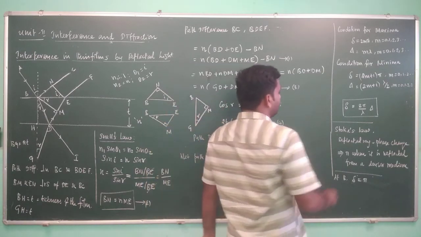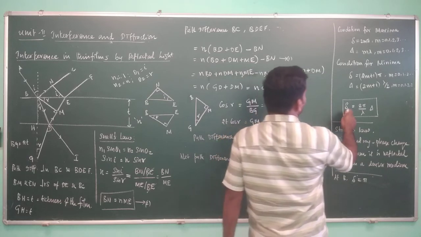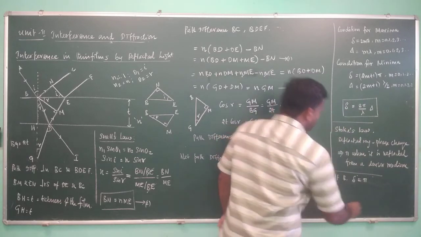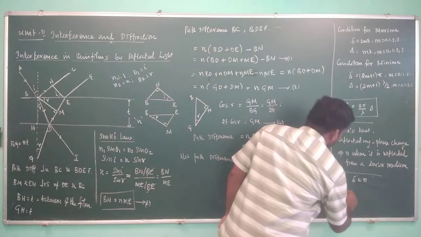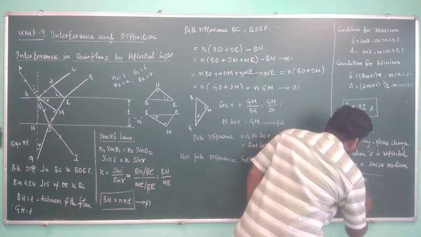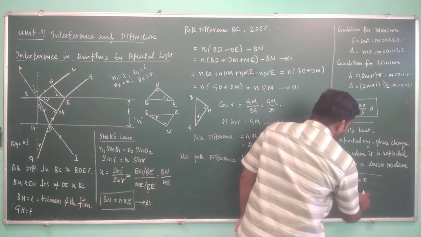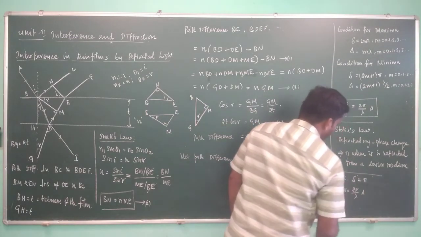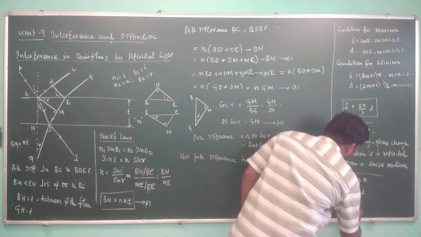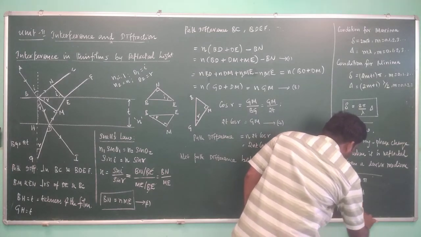If you substitute this in the relation between path and phase difference, pi is equal to 2 pi by lambda into delta, or you can write delta is equal to lambda by 2.